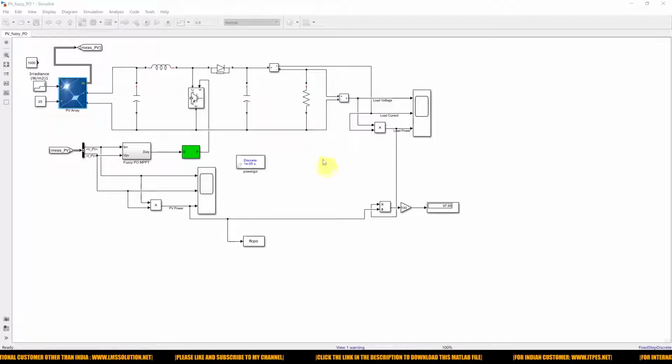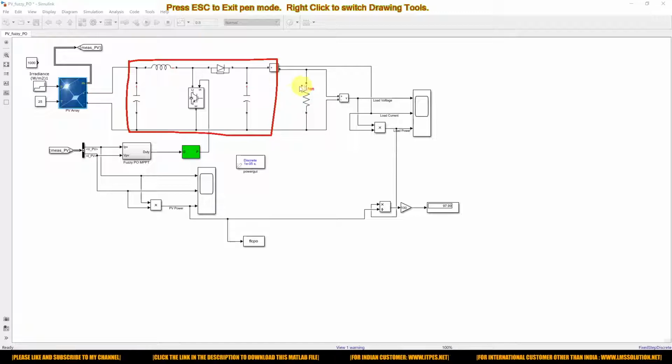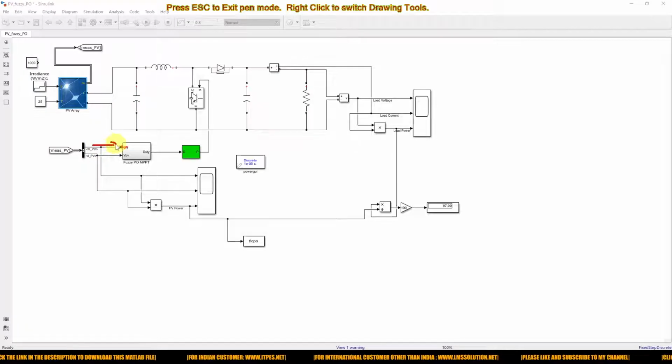And then here we have the boost converter, placed in between the load and the solar panel. Here we are measuring the parameters PV voltage and PV current. This is the input for the adaptive PO fuzzy MPPT.